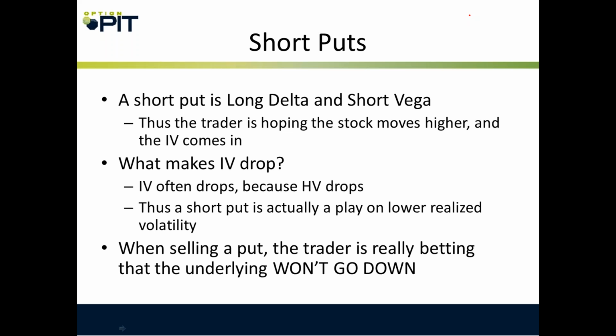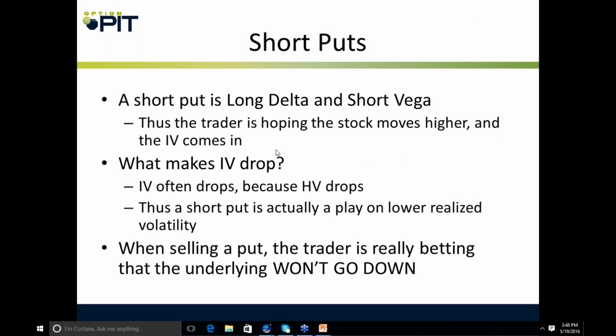So if you're short vega, do you want volatility to increase or decrease, you think? Decrease. All right, if you're short, you want something to go down. So now what makes IV drop?